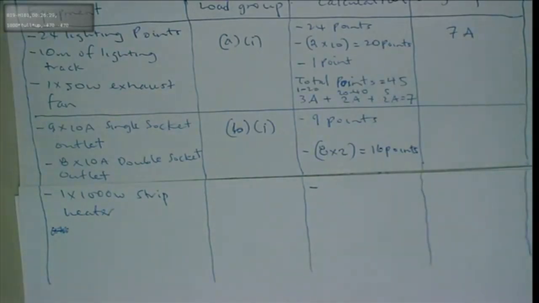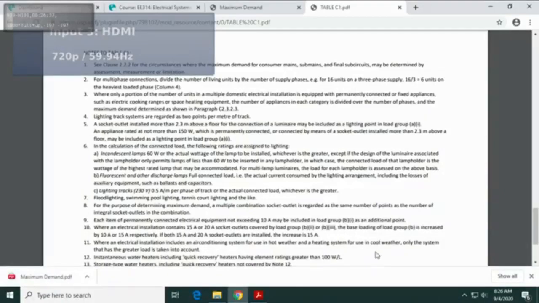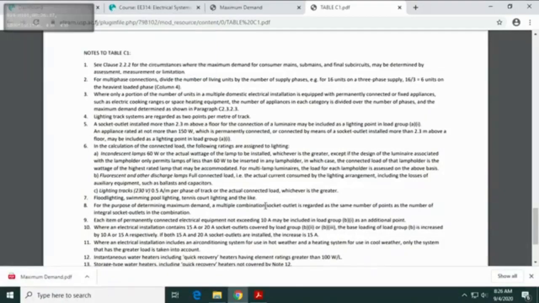And finally for the 1000 watt strip heater, for justification of adding the strip heater into load group B1, we saw this note 9.